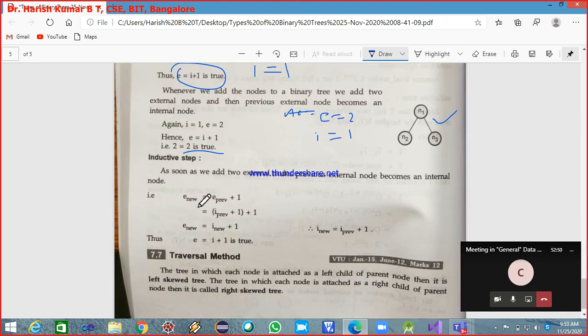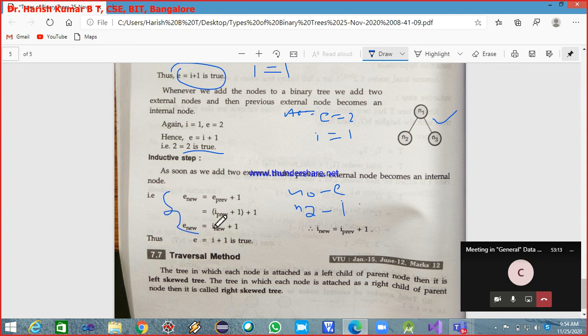It is the same proof. The only thing is, instead of n0 I am taking E, and instead of n2 I have taken I. So it's the same proof.